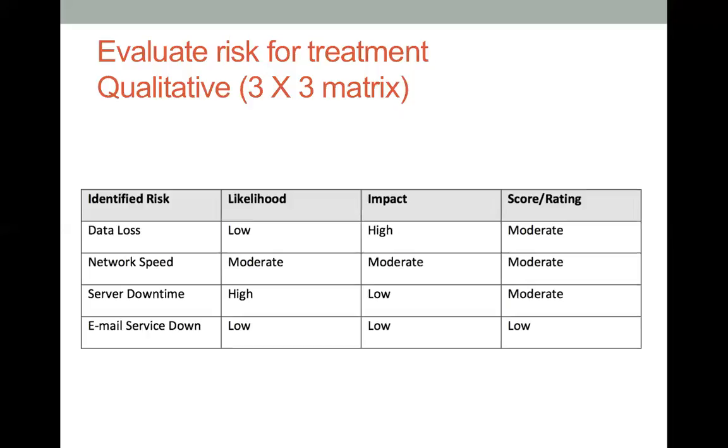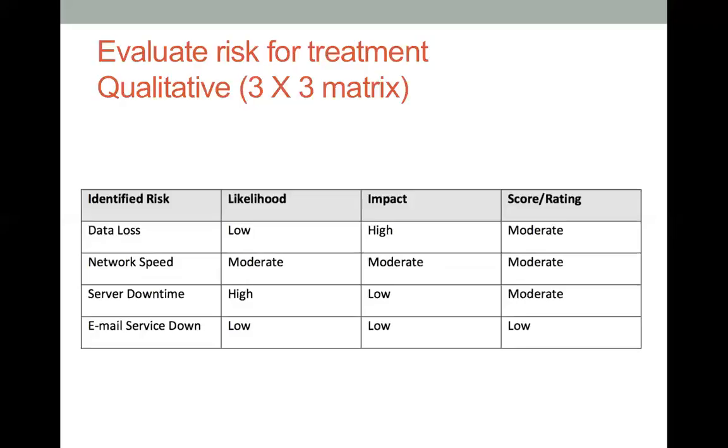And again, it is highly recommended to use a 5x5 matrix. That means we rate the risks from 1 to 5. We give a 1 rating if the risk is quite low, and 5 if it is quite high.